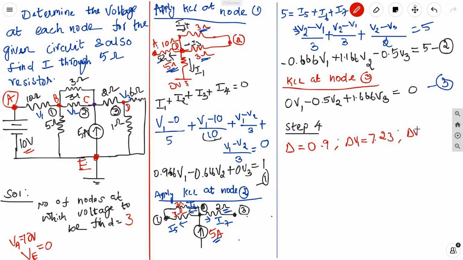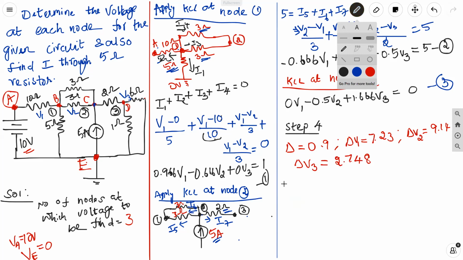The answer for del B2: 9.14. The answer for del B3: 2.748.